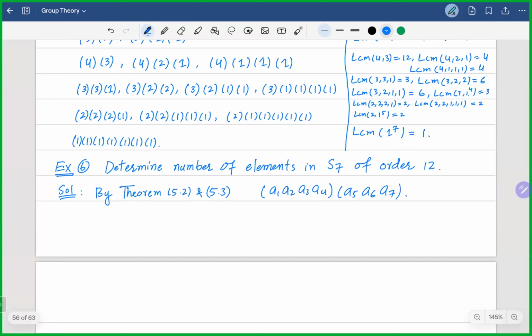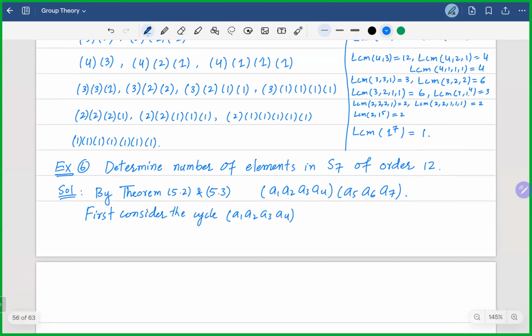Now first consider the cycle A1, A2, A3, A4.